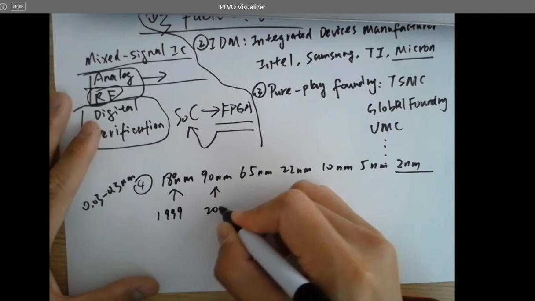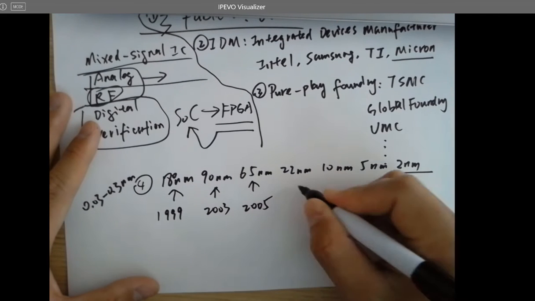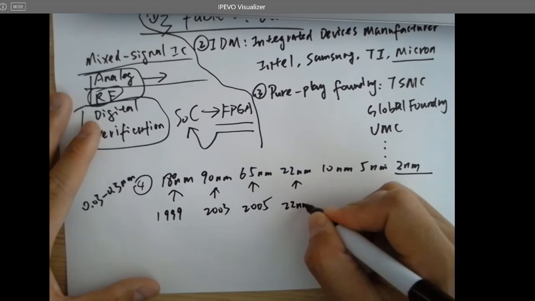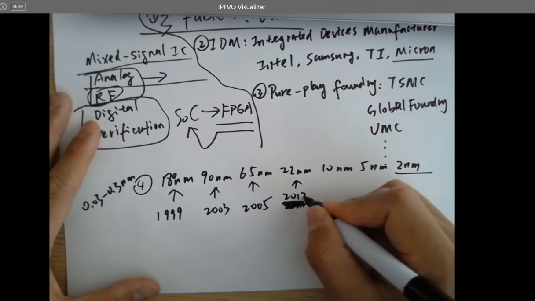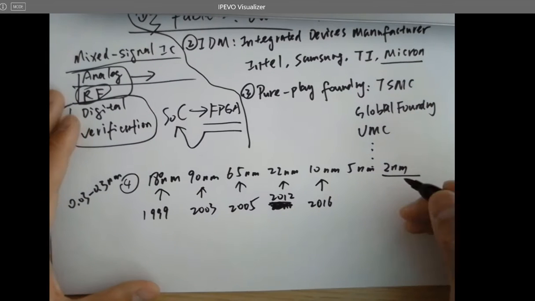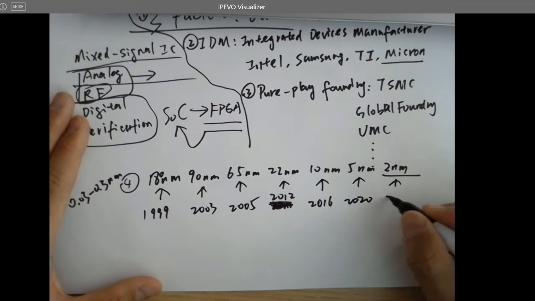That's a 2003. That's a 2005. 22 is 2012. This is 2016. 2020. 2023.